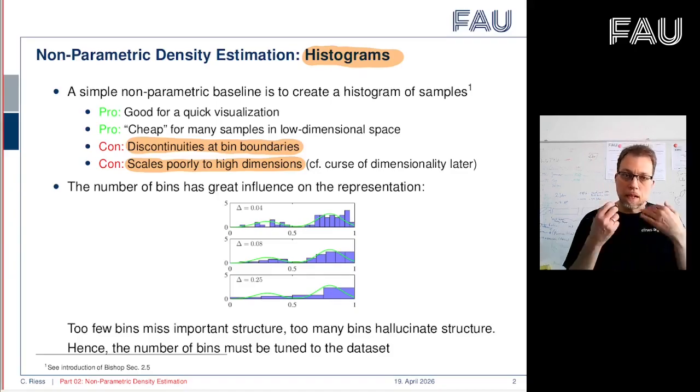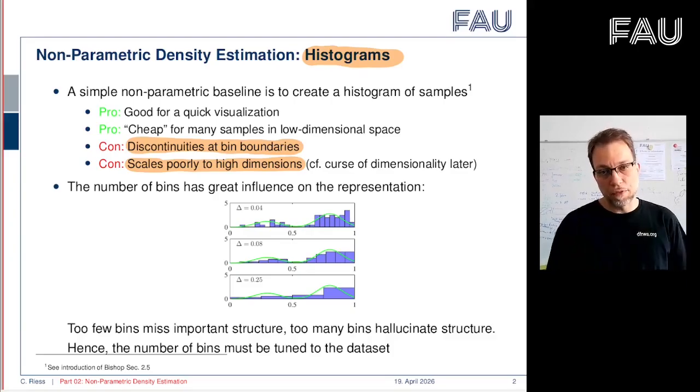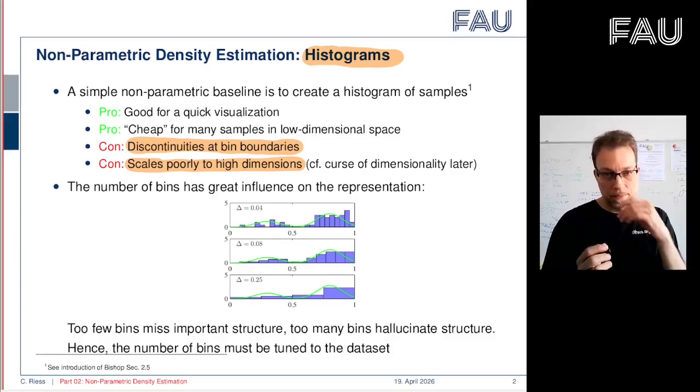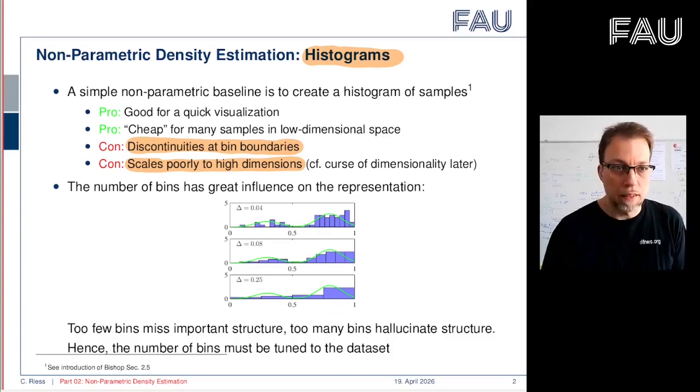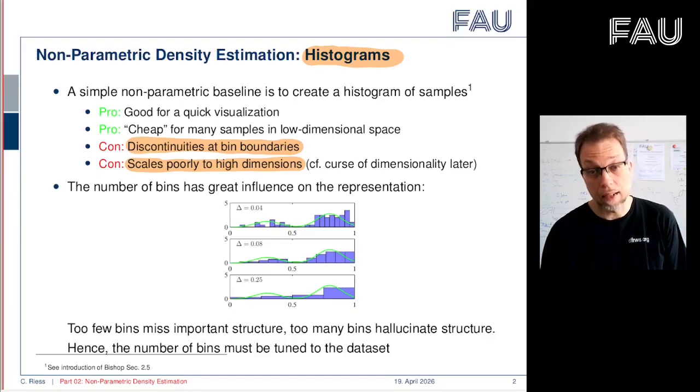However, the number of bins that we choose per dimension has a great influence on the representation that we obtain. And here's a picture from the book of Bishop showing this for an example of 3 bin sizes. Yeah? And we see the resulting, so here in green is plotted the underlying true density that generated these samples.